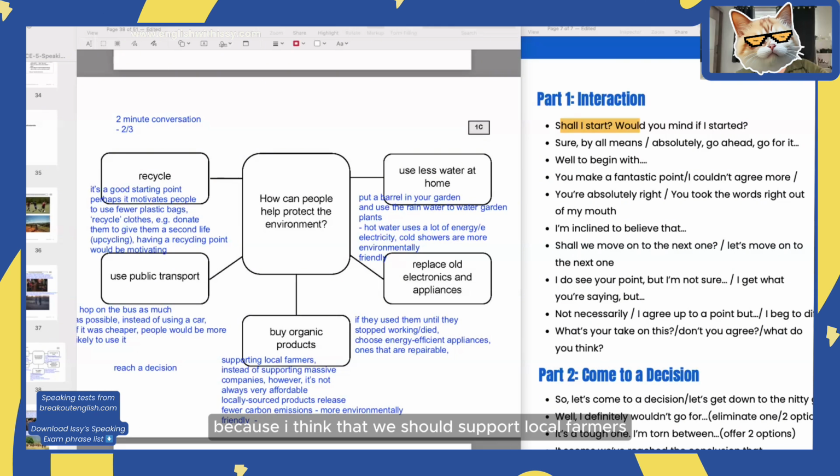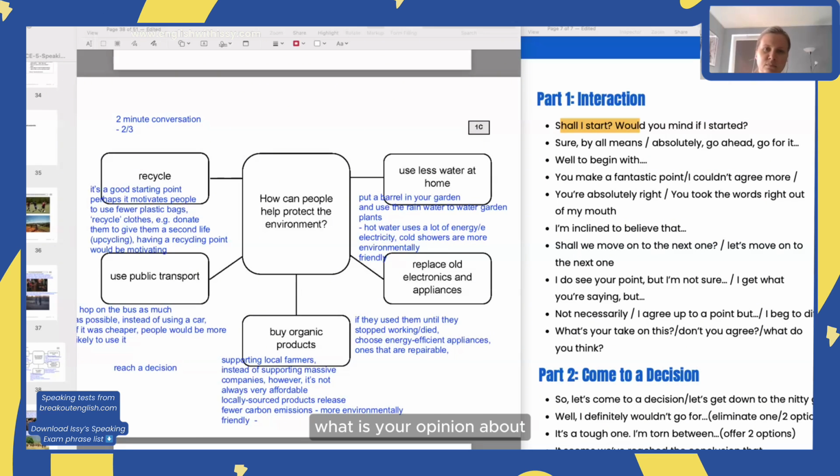Because I think that we should support local farmers and not buy, when it comes to veg, fruit, or meat, from a third party. Like we import most of the stuff from south of Europe or even from Africa. So I think overall it's even cheaper and it's better for our environment. Just support local farmers. What is your opinion about it?